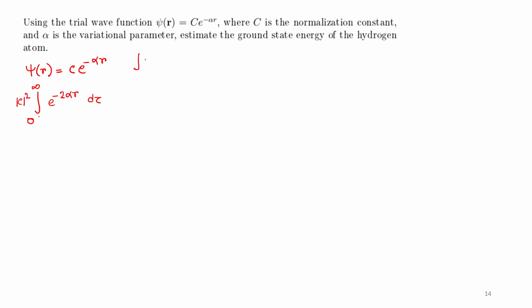So your integral psi star psi d tau could be 1. Now d tau is nothing but r square dr sin theta d theta d phi, because this is in spherical polar coordinates. So that's what we are doing here. So this is 1.